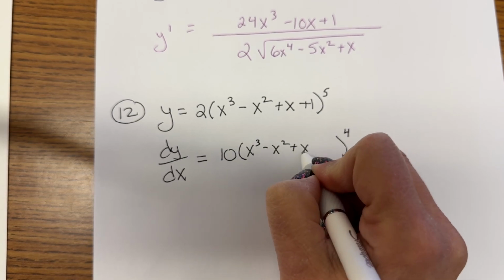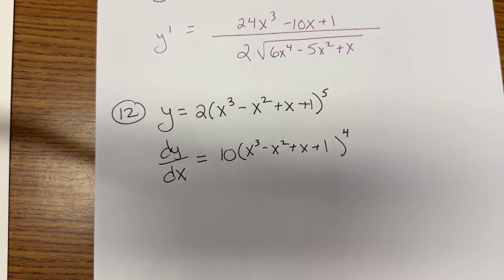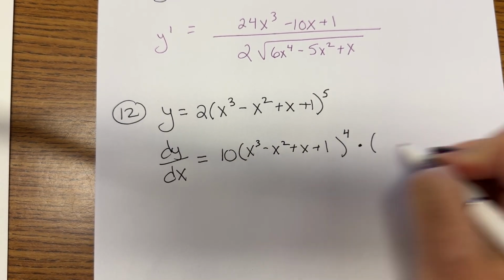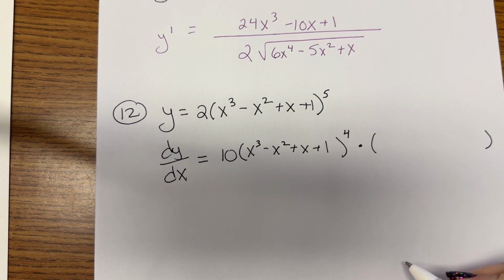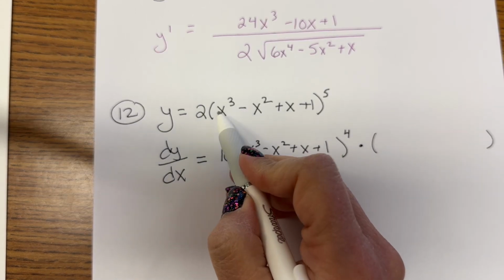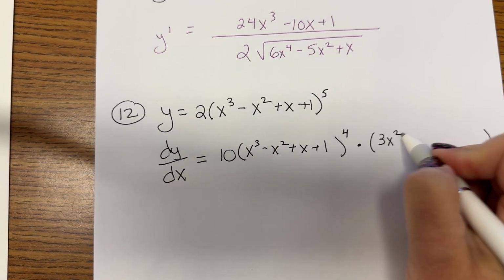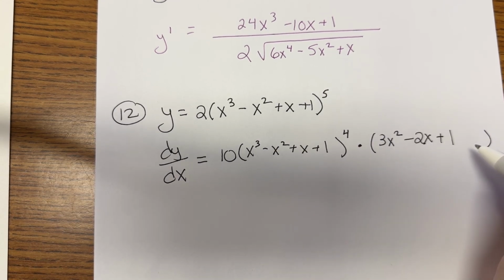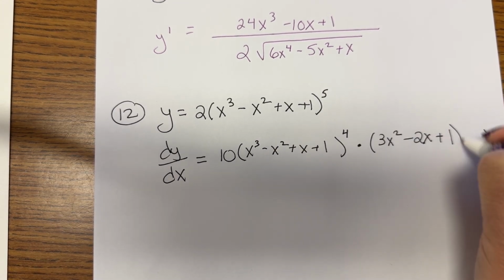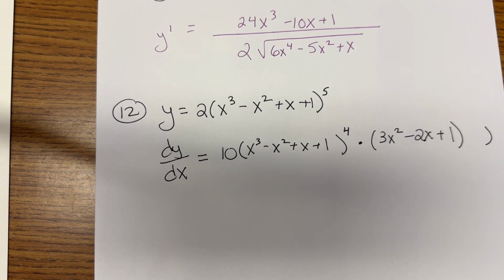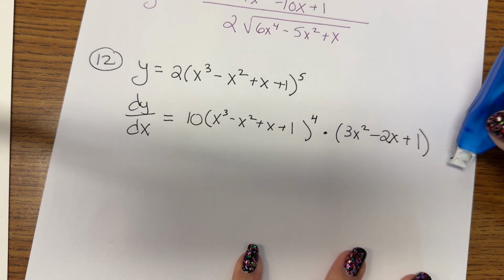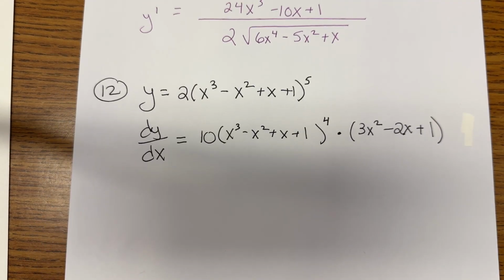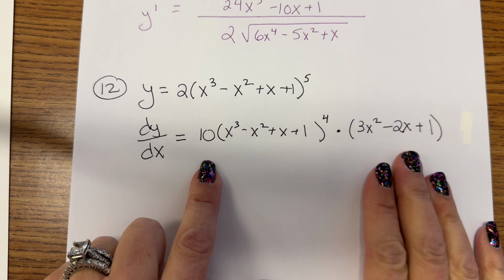Don't touch the inside function yet. Then we're going to multiply by the derivative of the inside function, so 3x squared minus 2x plus 1 plus 0. I gave myself too much space. And that would be our final derivative.